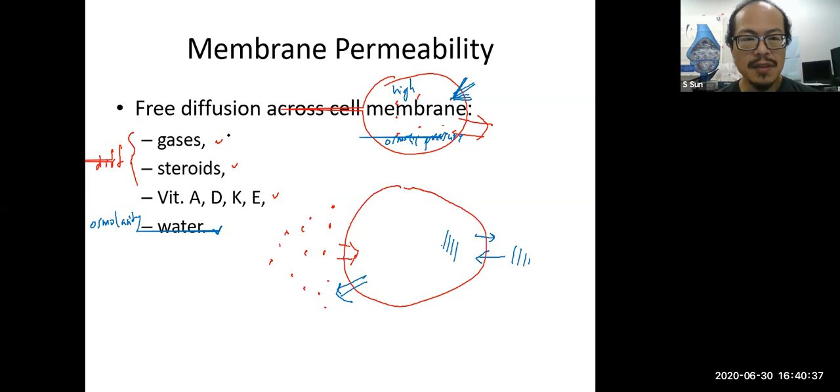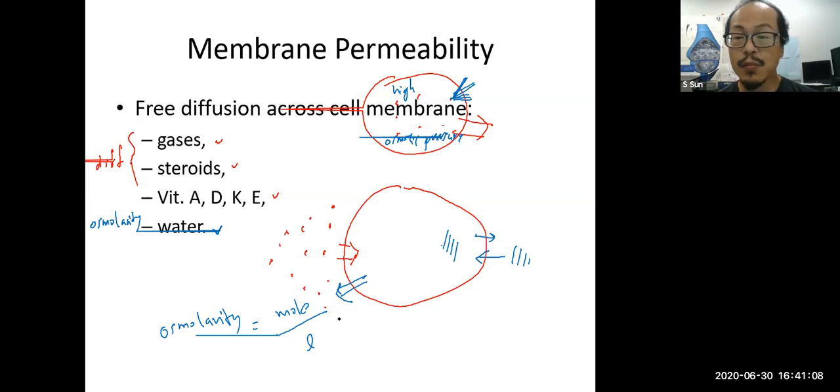So these three are driven by diffusion from high to low. Water is from low osmolarity to high osmolarity. Osmolarity equals the moles in water divided by liquid, right?